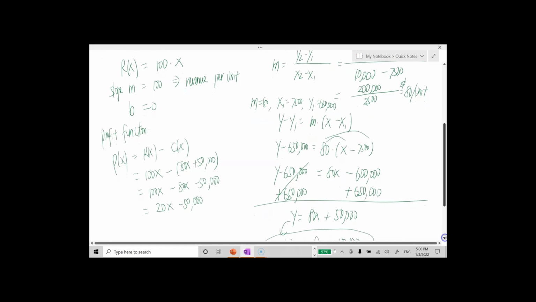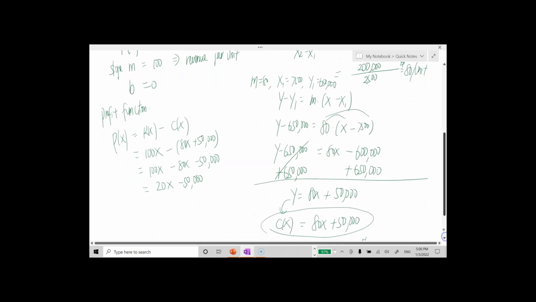So here, slope m equals 20, and that represents the profit per unit. $20 profit per unit.